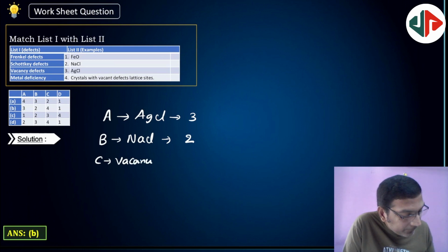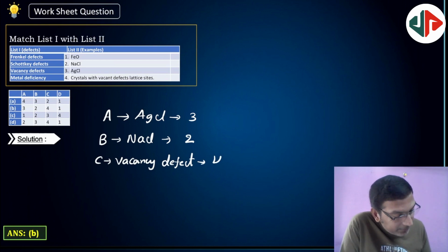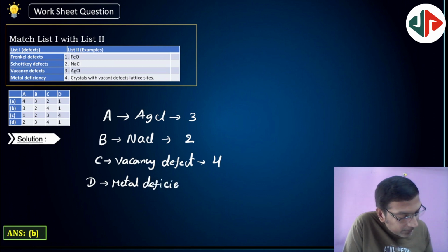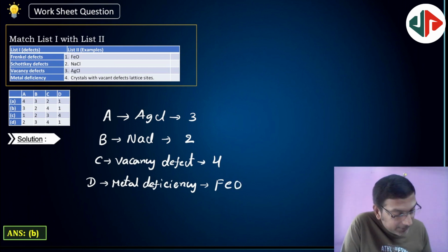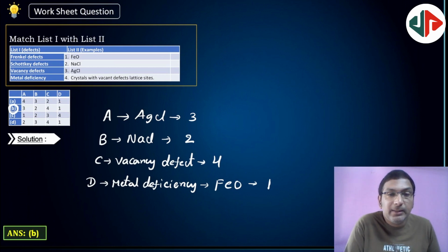Vacancy defect will be exhibited by crystals with vacancies. Therefore, option 4. Next, D. Metal deficiency, FeO, that is 1. Therefore, 3, 2, 4, 1. So, option B.